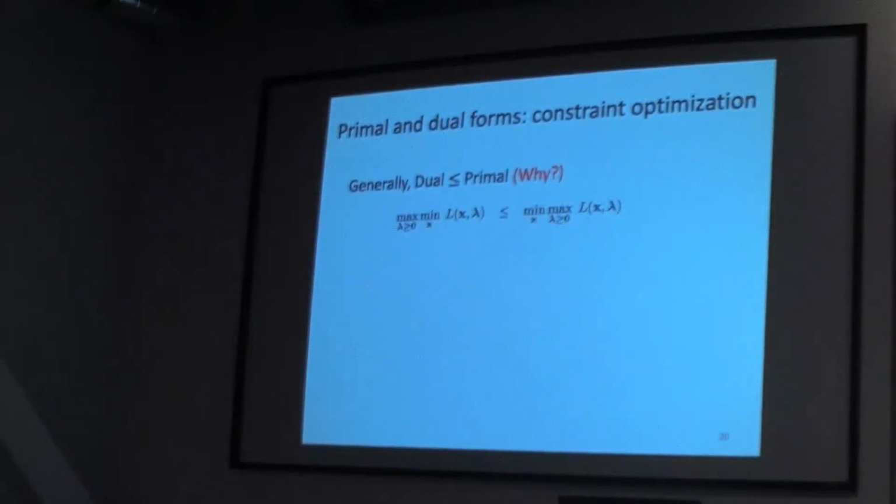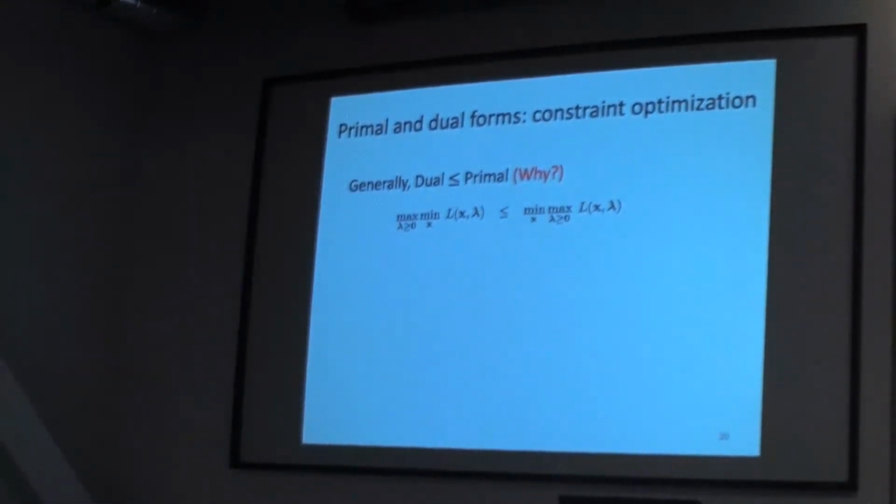But what's the general relationship between the dual form and the primal form? In general, we can show that for an arbitrary constrained optimization problem, if you solve the dual form, you get an optimal function value, and if you solve the primal form, you get an optimal function value. Then the optimal value of the dual form is less than or equal to the optimal value from the primal form.